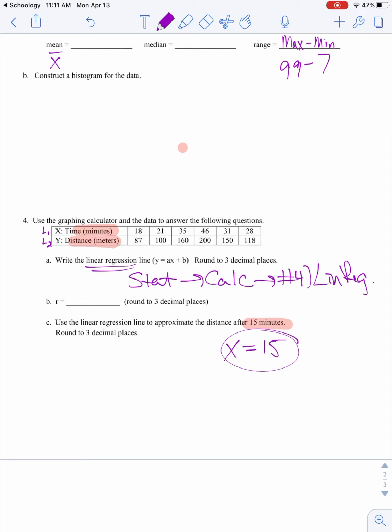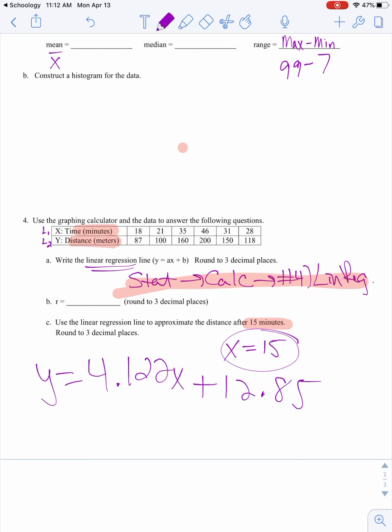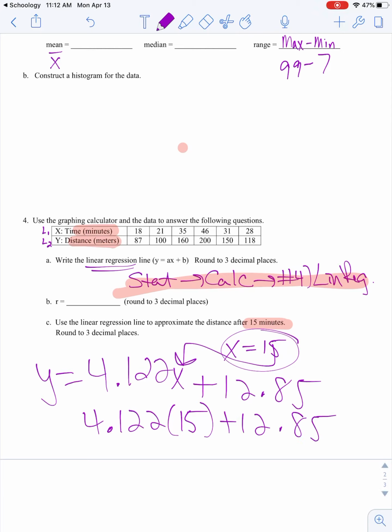Take 15 and you plug it into the equation. So knowing that the equation, after you do this up here, your equation is 4.112x plus 12.85. Then you just take this 15 and plug it in here. So 4.112 times 15 plus 12.85, and then you calculate that out to get that answer.